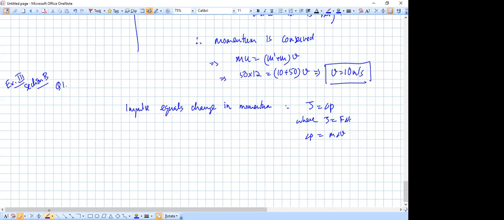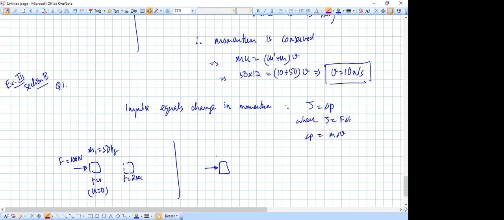So what is happening is, in this case, you are applying a force of 100 newtons for 2 seconds. In the second case, you are applying the same force for the same 2 seconds.